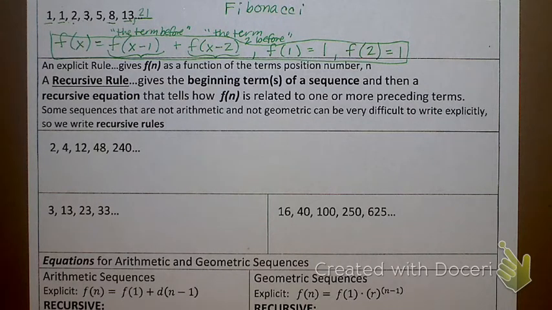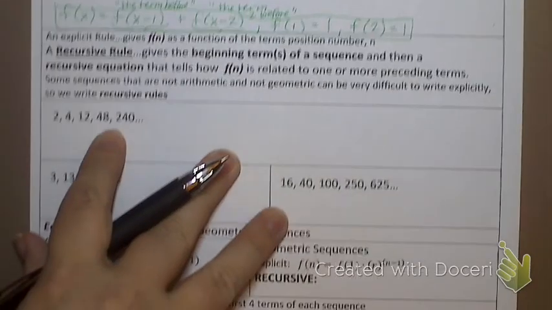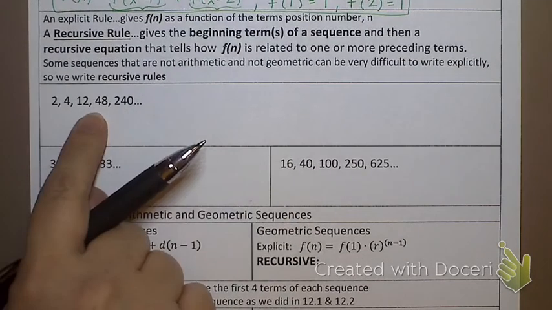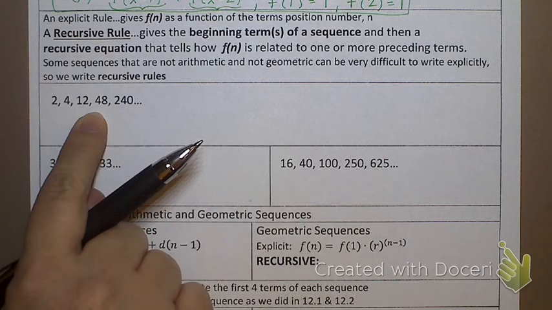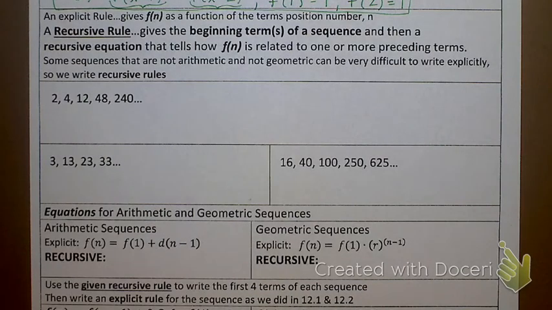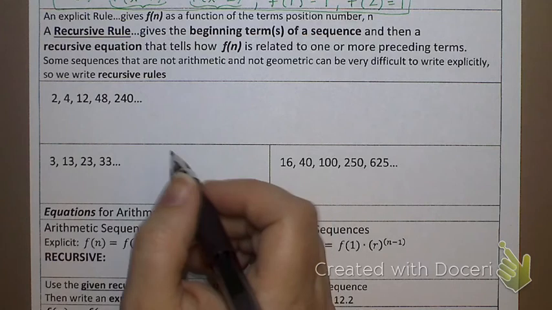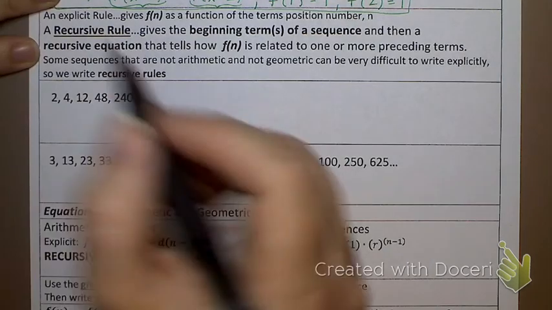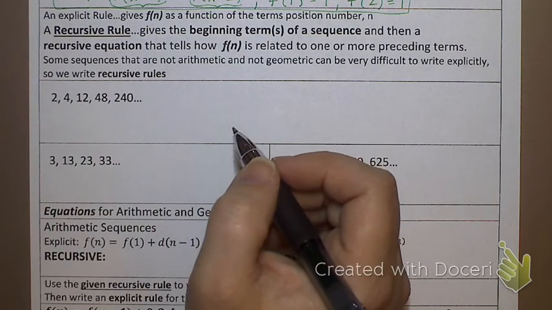Okay? So, next one. Can you tell me what the next term is? This one's a little trickier. It's not Fibonacci. What was that? Multiplying what? The previous number and the current number.